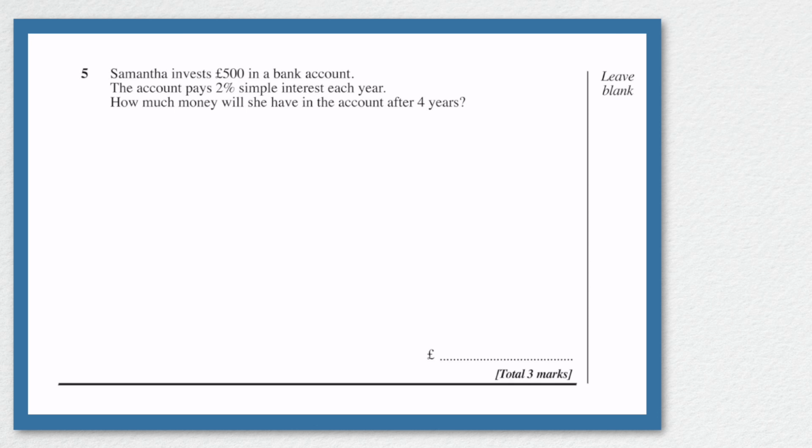So the original amount being invested is £500. The interest is 2%. So after each year, 2% of £500 will be added to the account. Well, 1% is equal to £5. That's 500 divided by 100. So 2% is equal to £10.